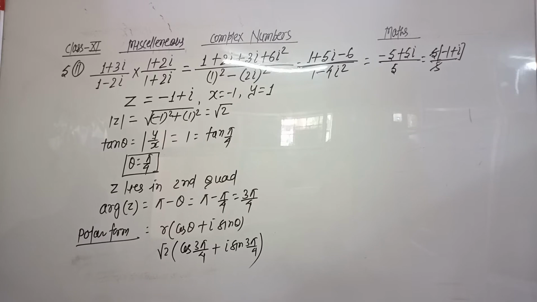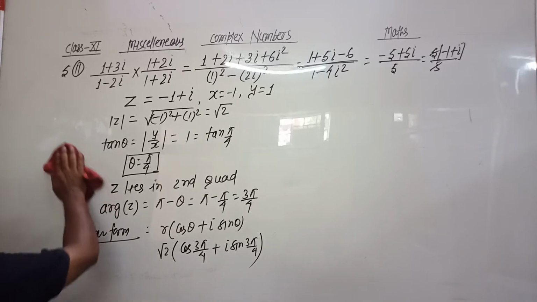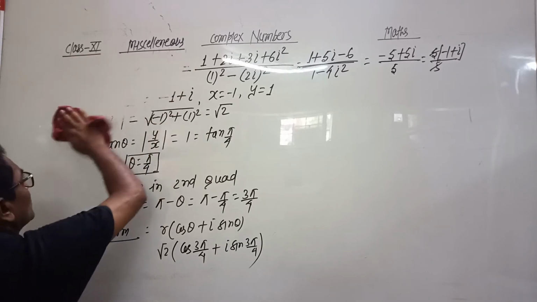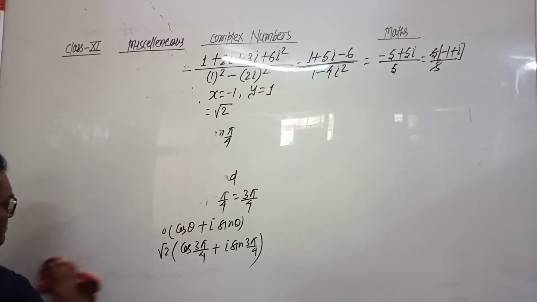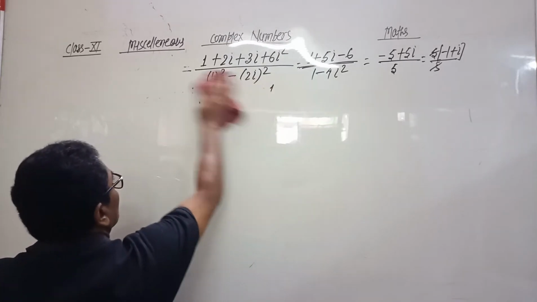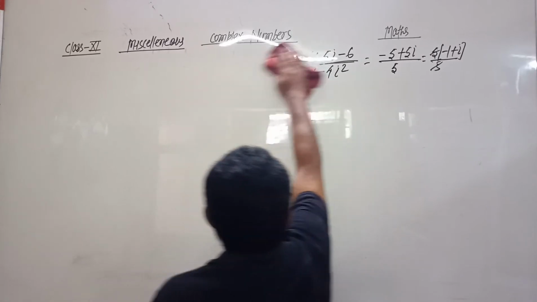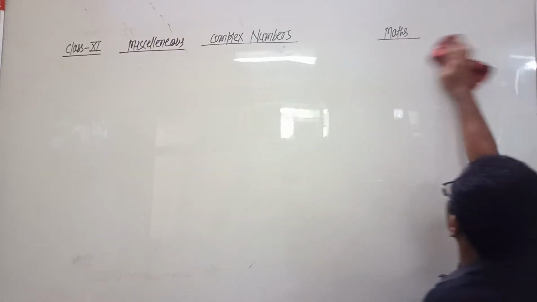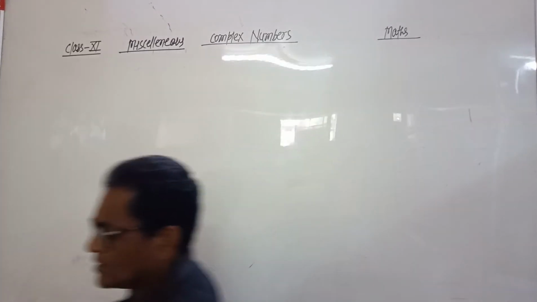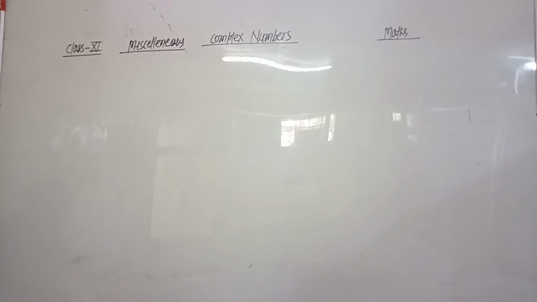Now questions number 6, 7, 8, 9. These are quadratic equations. We have to solve them and find the value of x. Question number 6, solve each of the equations.